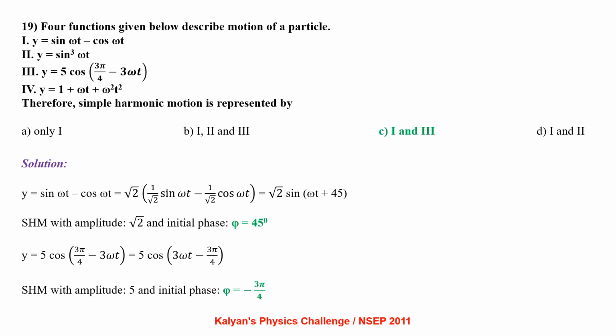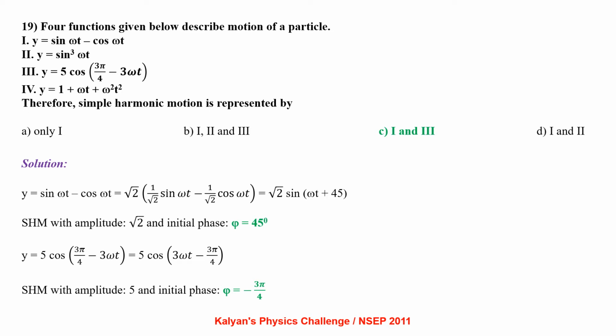Four functions are given below. They describe the motion of a particle. y equals sin omega t minus cos omega t, y equals sin cube omega t, y equals 5 cos (3 pi by 4 minus 3 omega t), y equals 1 plus omega t plus omega square t square.